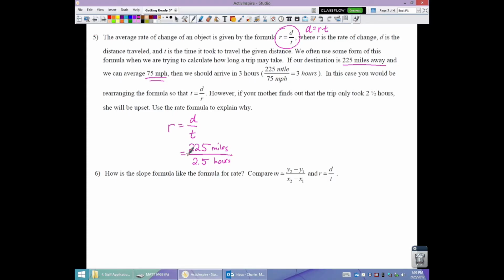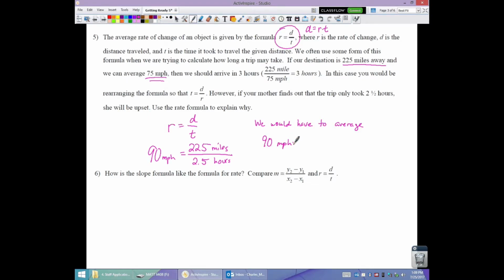Well, why is that? Well, if we figure out the rate that we averaged here, we were averaging 90 miles per hour. So using the formula to explain why, we would have to average 90 miles per hour.